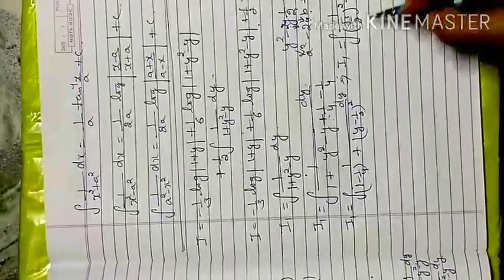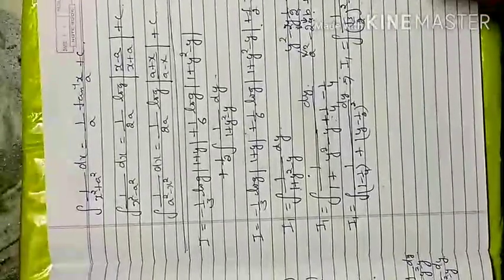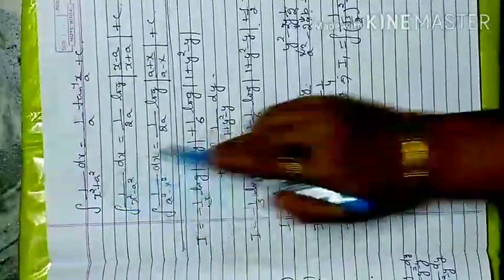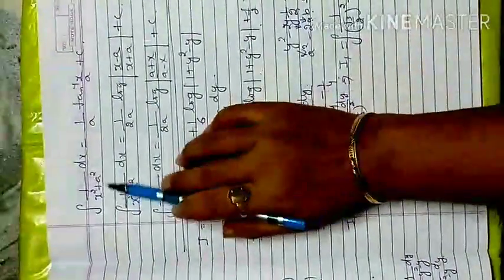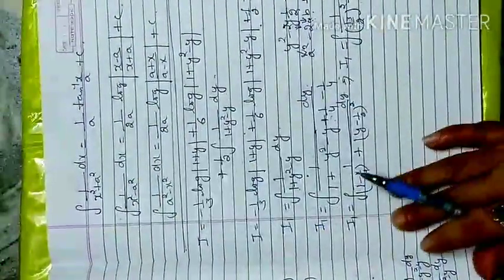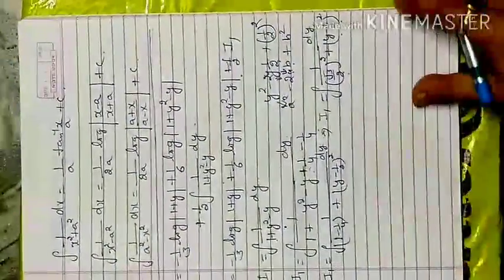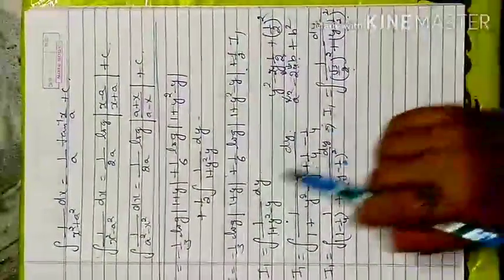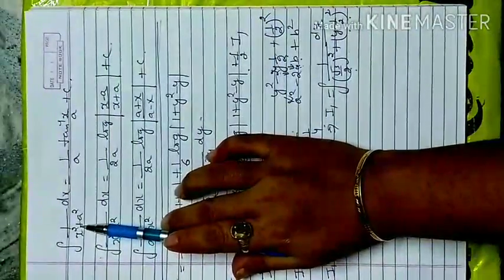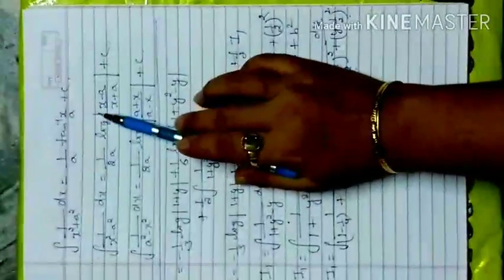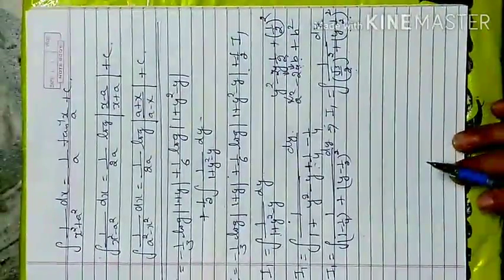Now if you look, this is of the form x square plus a square. Among these formulas, if we identify, this is my first formula: 1 upon x square plus a square dx equals 1 by a tan inverse x by a plus c.